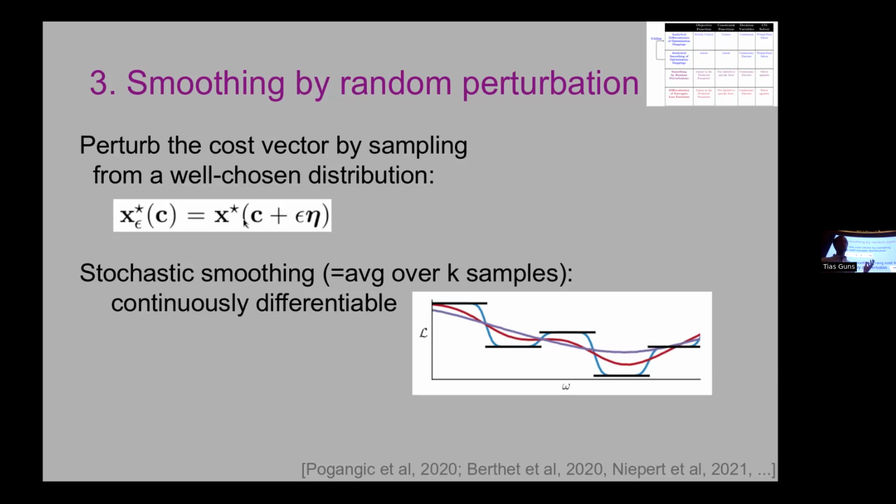Well, this is actually a form of stochastic smoothing. And so if you do this multiple times, then you actually get a smooth estimate of that value of the solution and hence of the regret. So imagine that you're at this point. If you add some noise, you might end up a bit more to the left. And if you do another iteration, you sample a different amount of noise, then you might end up at this location.